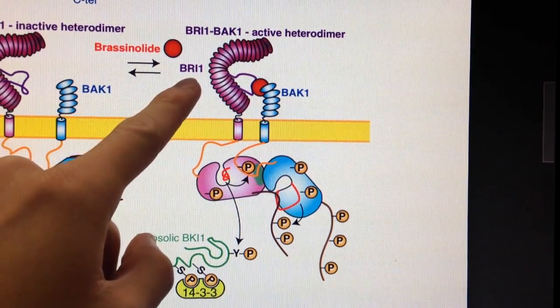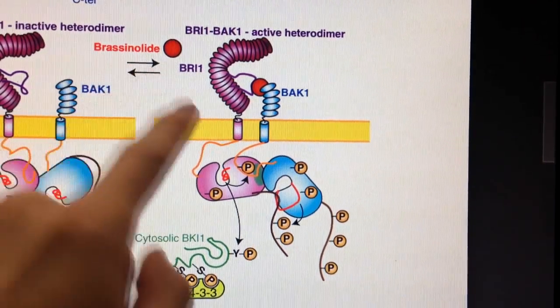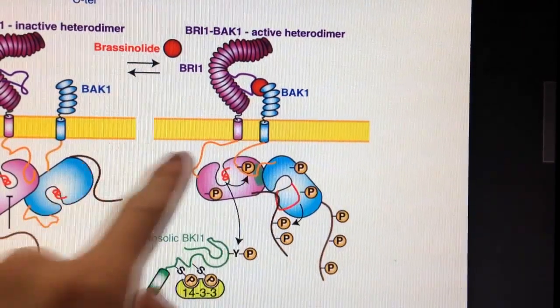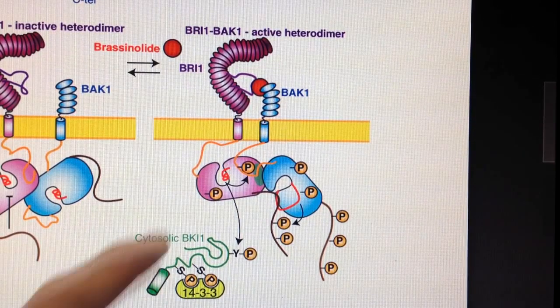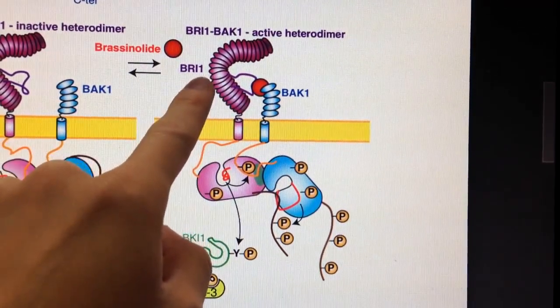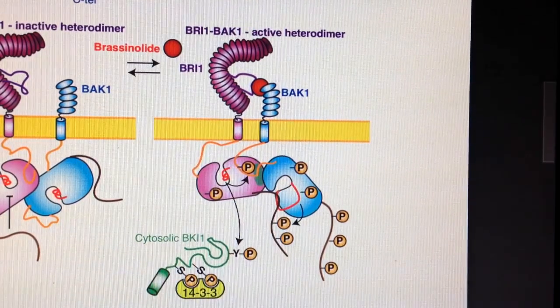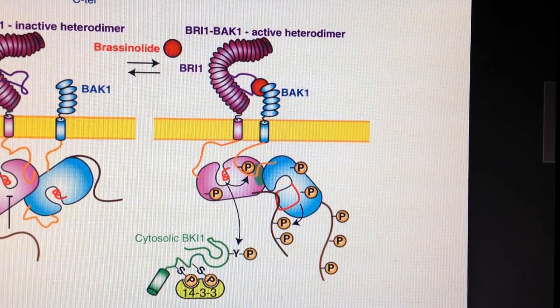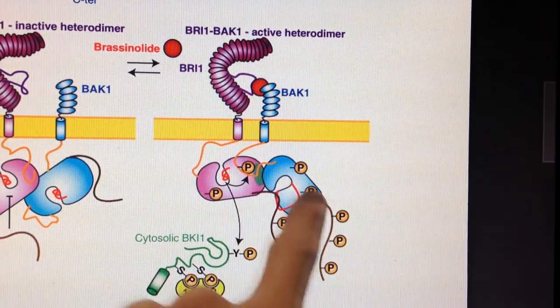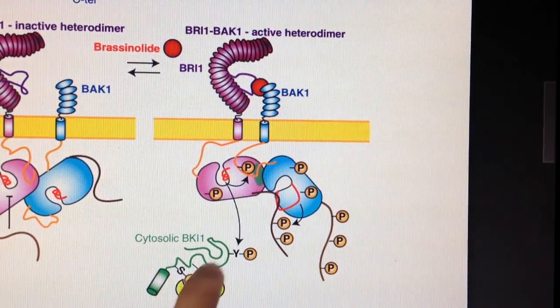BR binds to the BRI1 receptor kinase localized in the cell membrane, which is a leucine-rich repeat receptor kinase. The binding of BR to BRI1 activates a signaling cascade, which ultimately leads to BR-induced changes in gene expression related to plant growth.